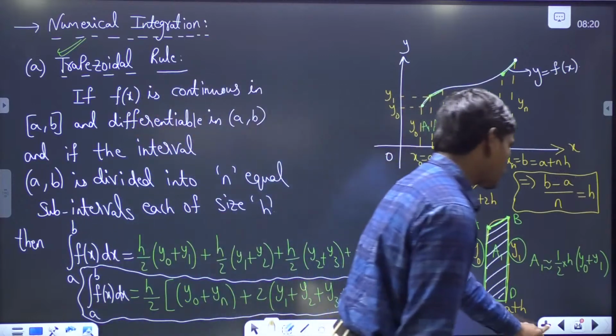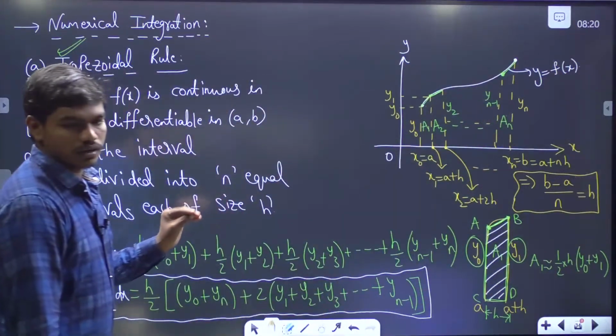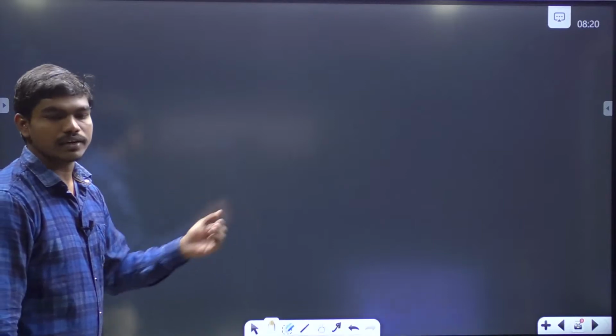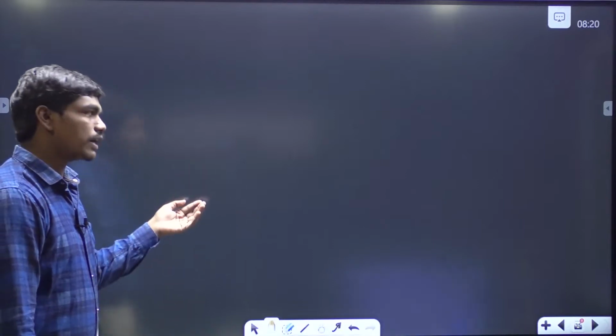Yes, so see here, we'll talk about a few good things. How can we get y0, y1, y2? In the exam, they'll give you. If they don't give you, but give you the function, you can calculate.